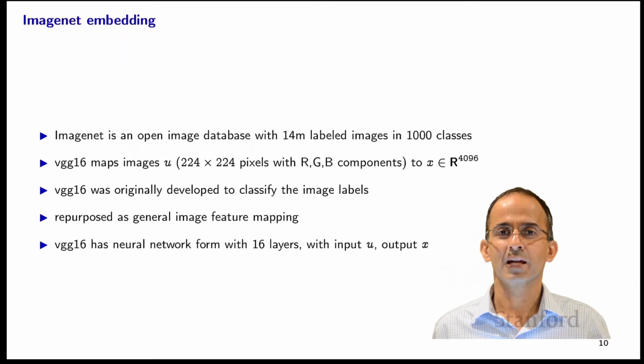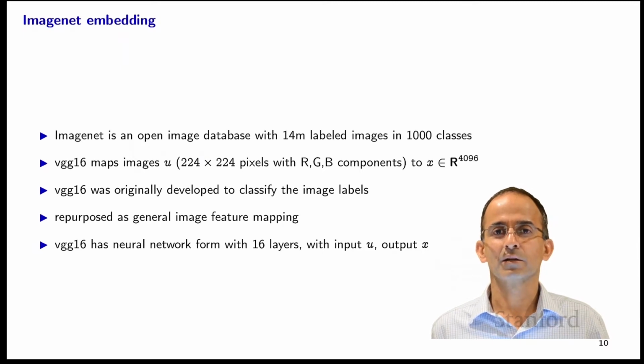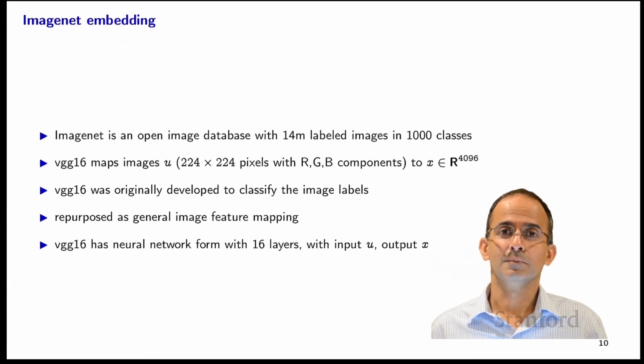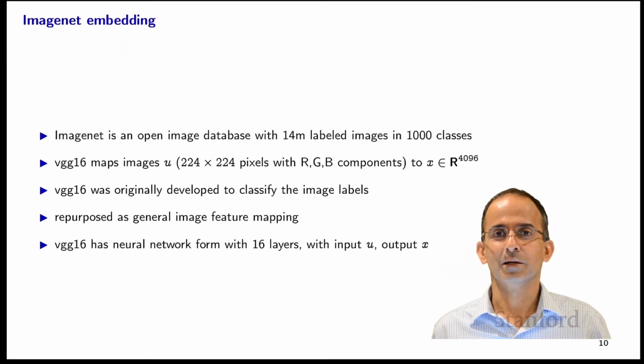They include many images of animals, of vehicles, of everyday objects, shoes. It's a very broad collection of images, but they've all been labeled, and so we know exactly what is in each of those images.